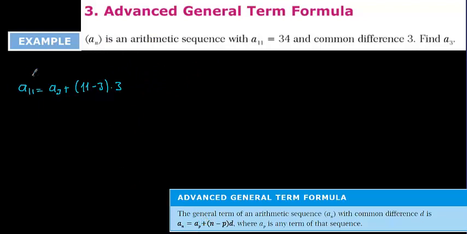Here I showed this formula: an is equal to ap plus n minus p times d.